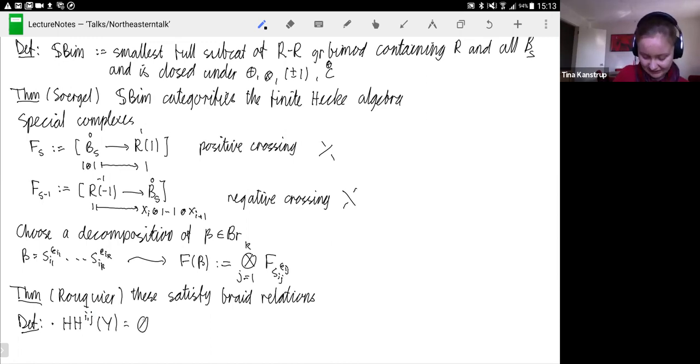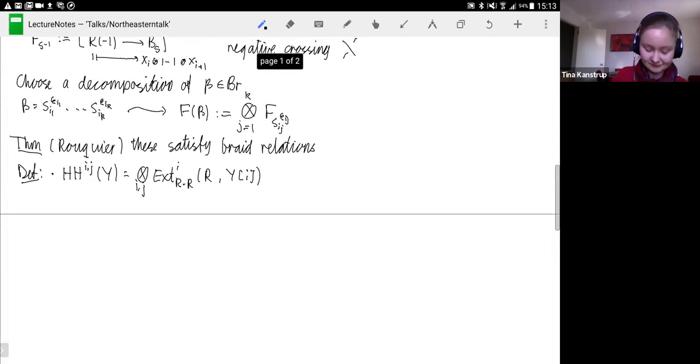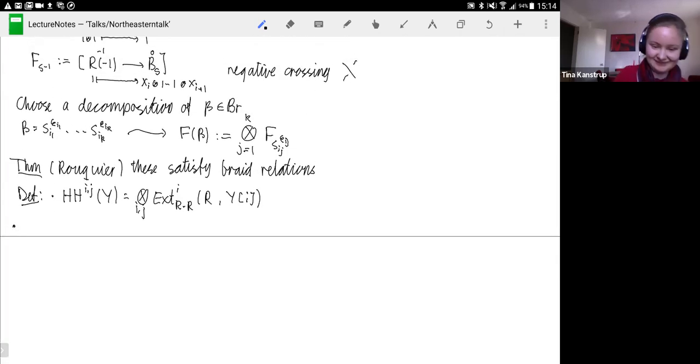I take the tensor product in R-bimodules of R with the bimodule, and then I take my triple H to be something where I take the Hochschild homology of the terms.